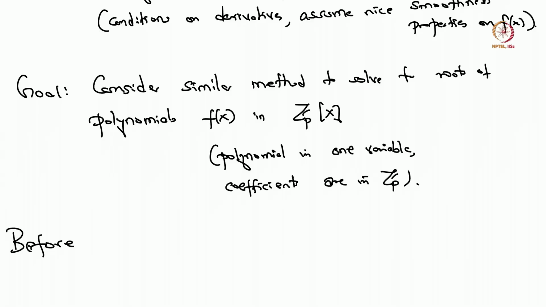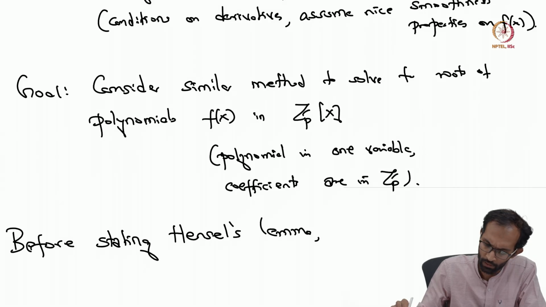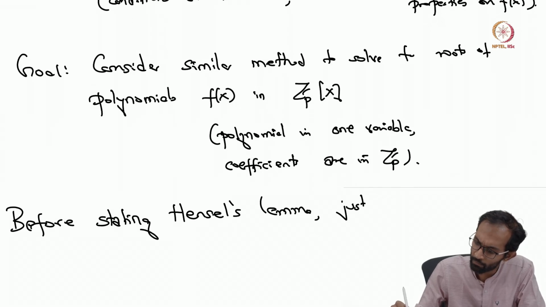The analog of the Newton-Raphson method in the p-adic case is called Hensel's lemma. Before stating that, just a few formal properties.